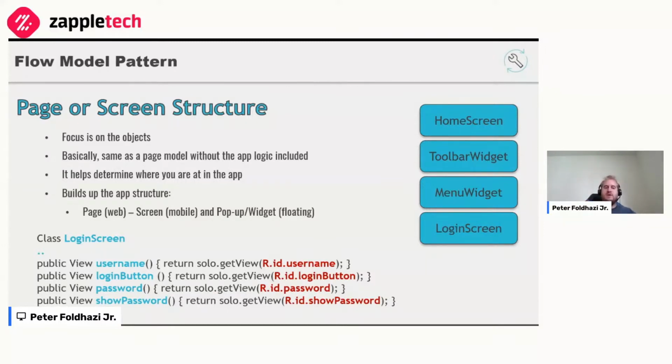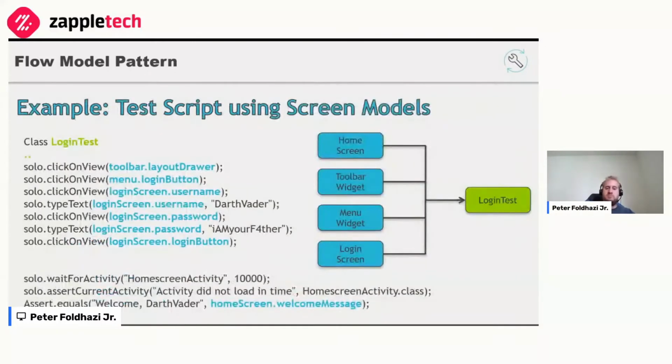So next up, what you're going to do is using them in your test script. So now your tests are going to look much different. So the part where I'm leveraging these previously shown elements is going to look like this. So now it's a little bit more easily understandable.